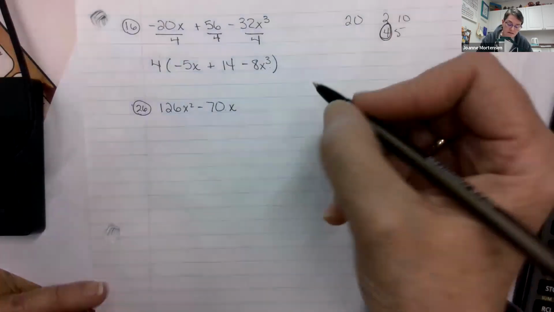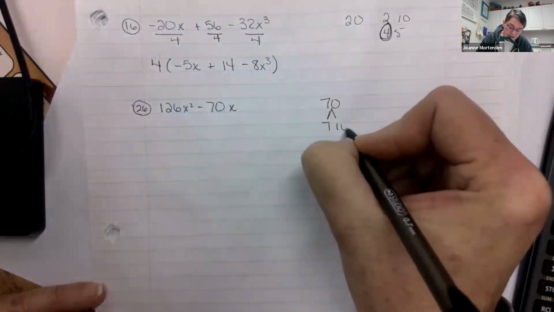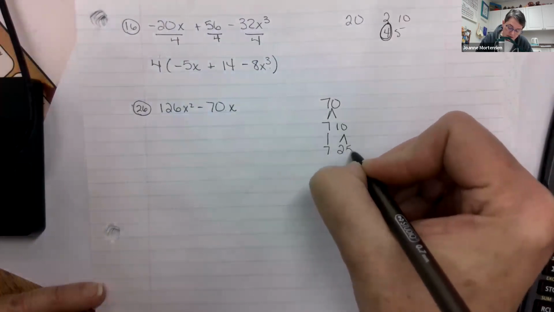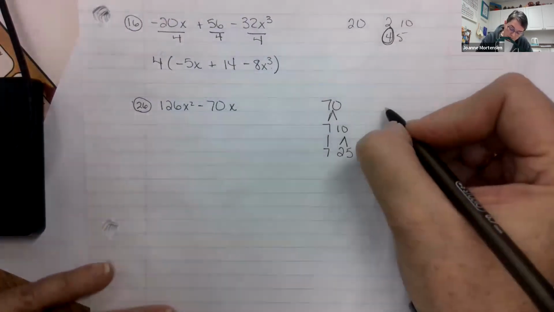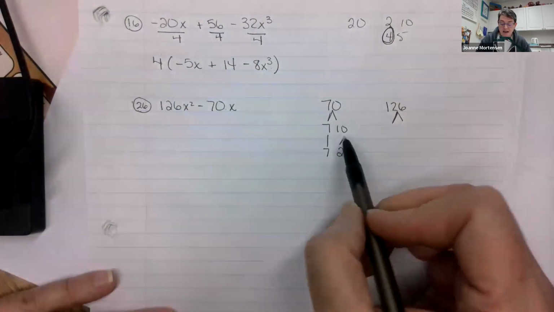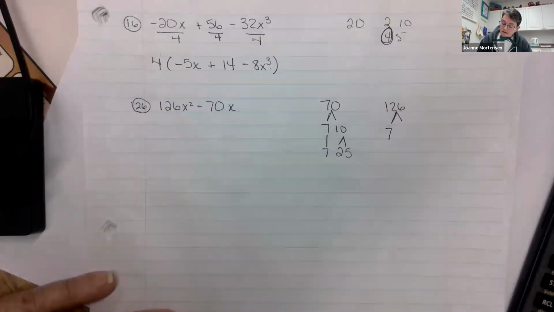Failing that, there's nothing wrong. 7 times 10, 7, 2 and 5. That's all prime. 126. Again, I'm guessing from here, I'm going to try a 7. Yep.